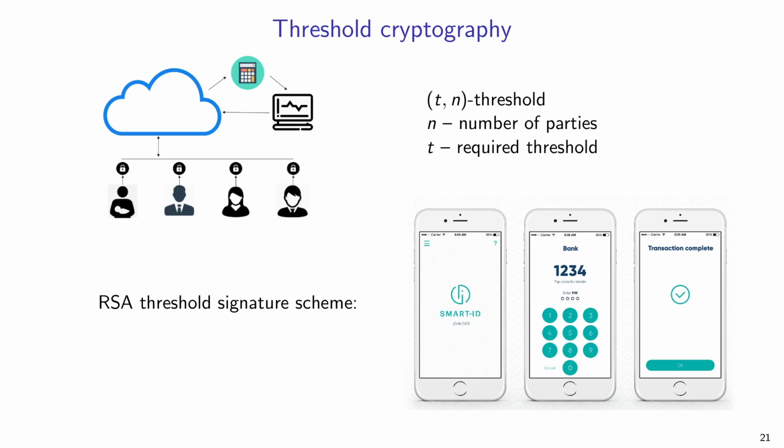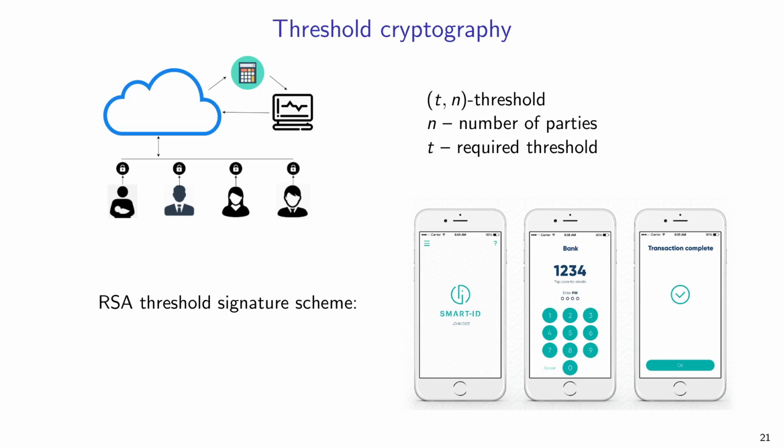Smart ID uses a clever threshold cryptography scheme where there are two parties, the server and the mobile device. The RSA private key is generated in a distributed manner such that each party has only a part of the private key. To create a signature, both parties, the server and mobile phone, have to work together.